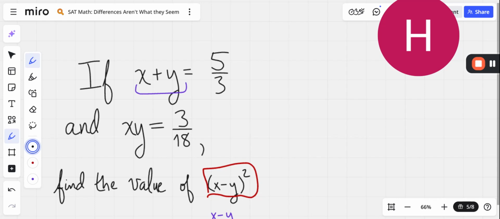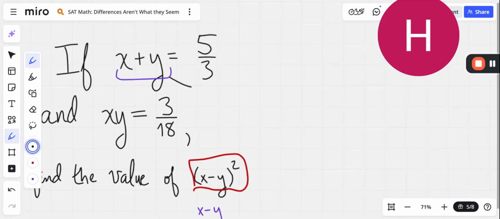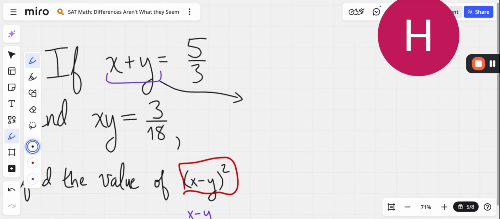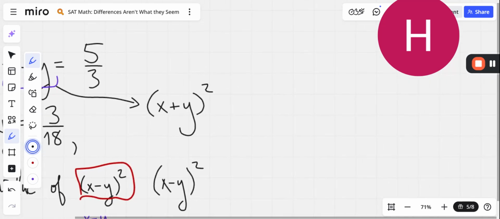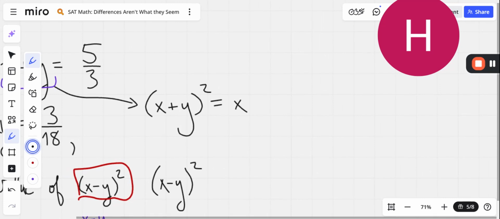So what we have to do is we have to notice something. You might have this in some way memorized, that x plus y all squared and x minus y all squared, they're rather similar. They're different in one key way. The positive in the middle is the negative in the middle, and their expansions are very similar as well, but are also different in one key way.